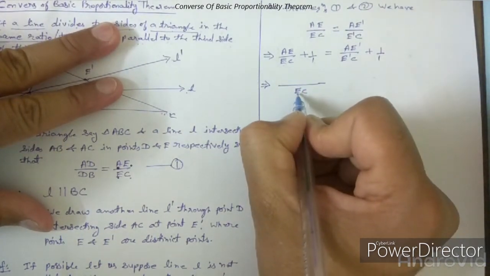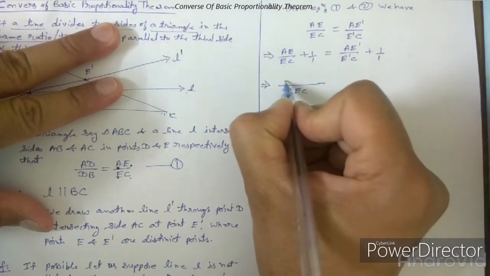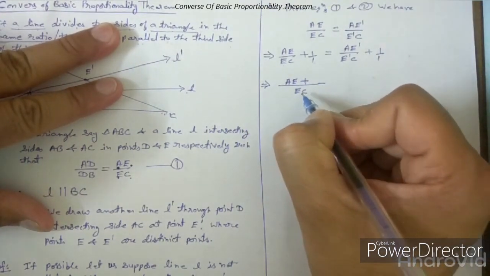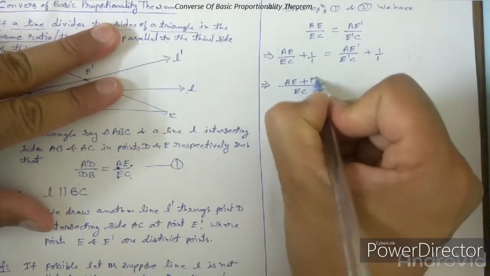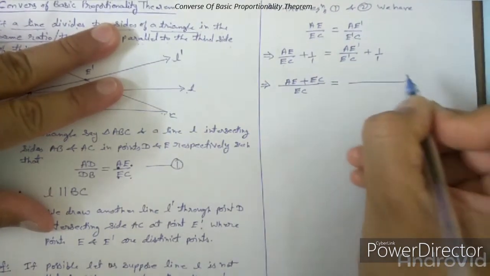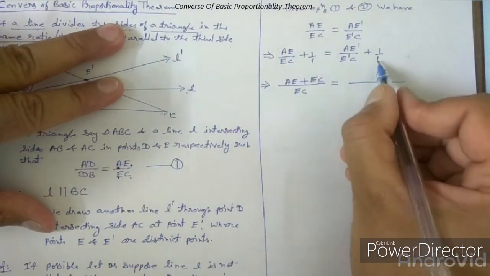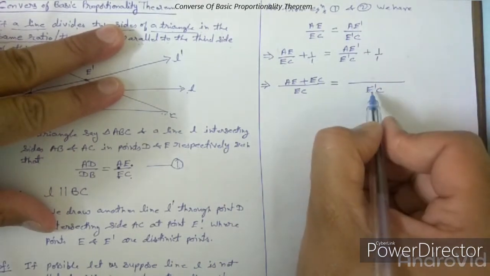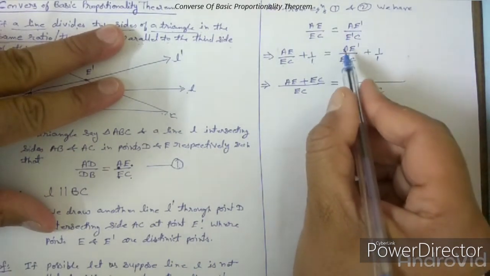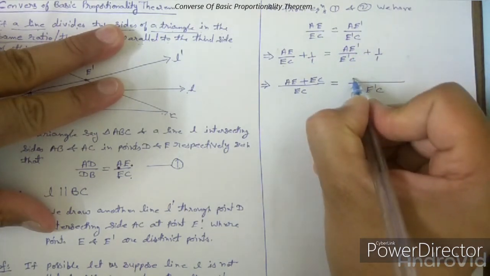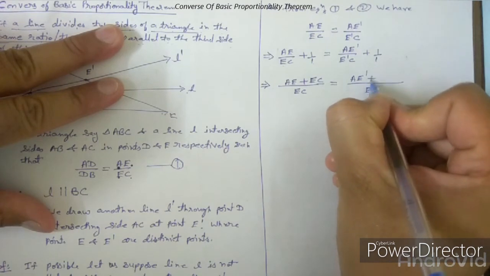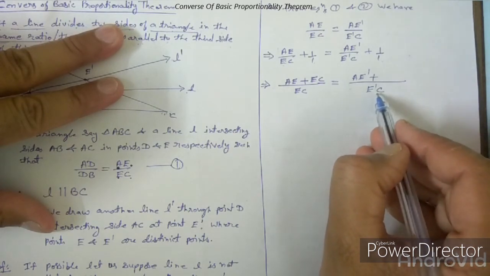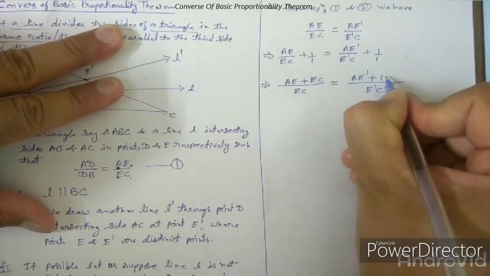This EC divides this EC 1 times, and 1 multiplied by AE is AE, plus this 1 divides this EC times, and EC multiplied by 1 is EC, equal to, on right hand side, LCM of E dash C and 1 is E dash C. This E dash C divides this E dash C 1 times, and 1 multiplied by AE dash is AE dash, plus 1 divides E dash C times, and E dash C multiplied by 1 is E dash C.